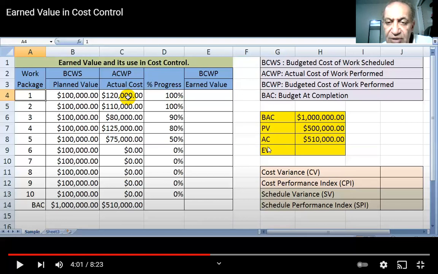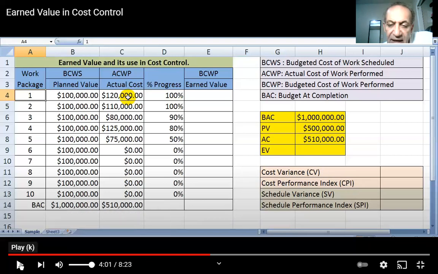That means it should be 500, or the planned value, for the stages which are done, which is the budget cost of work scheduled. Then the actual costs, when we calculate them, 120 plus 110 plus 80,000 plus 125 plus 75, the output is 510. Then after that, we will take the variances, the cost variance first, and see them one by one.